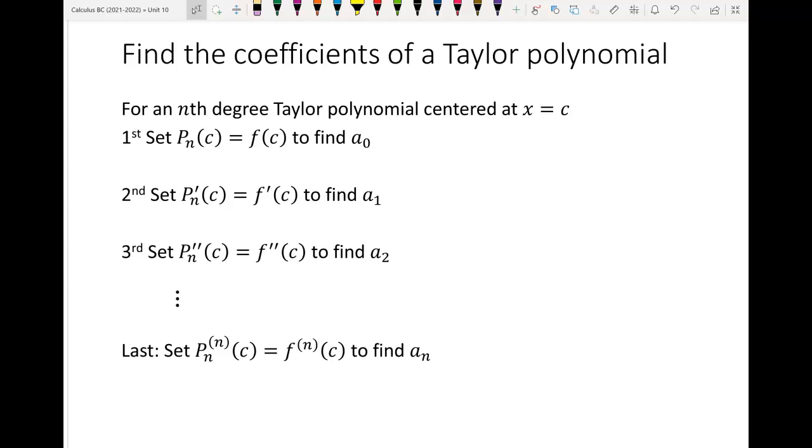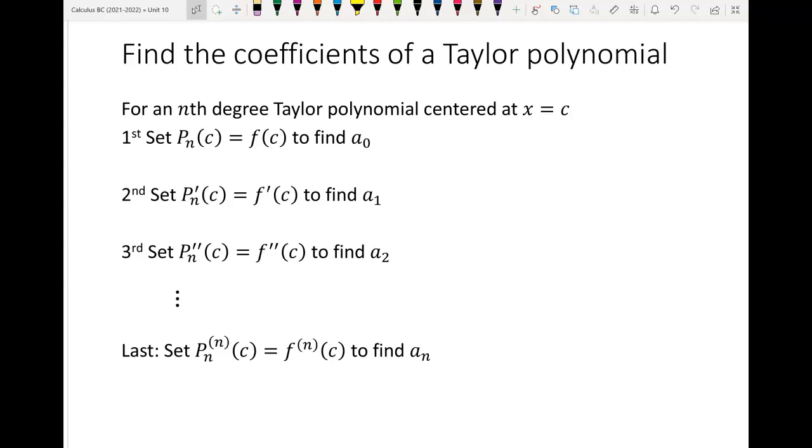Next, you set the first derivatives equal to each other to find a sub 1. Then you set the second derivatives equal to each other to find a sub 2, and so forth until you get down to the degree you're asked for. So the nth derivatives need to be set equal to each other to find a sub n.